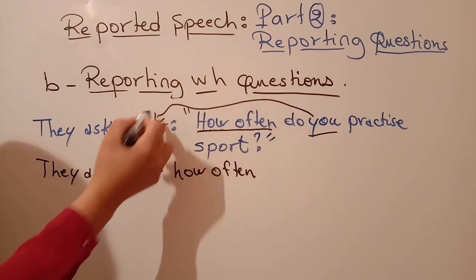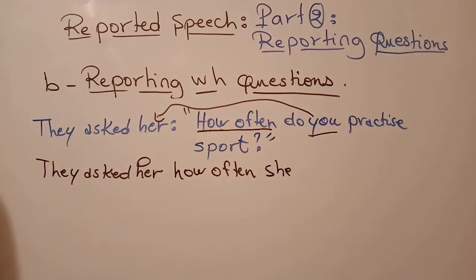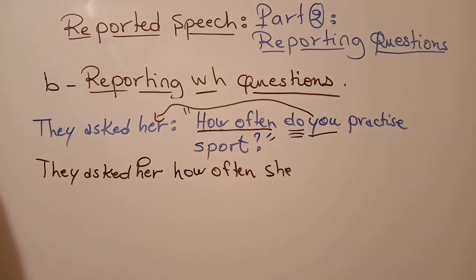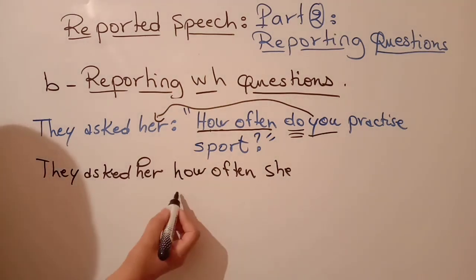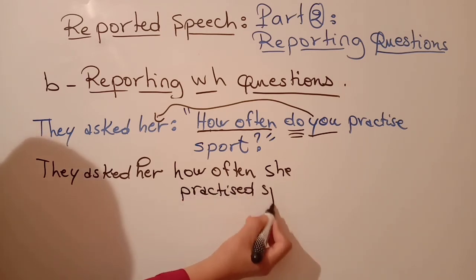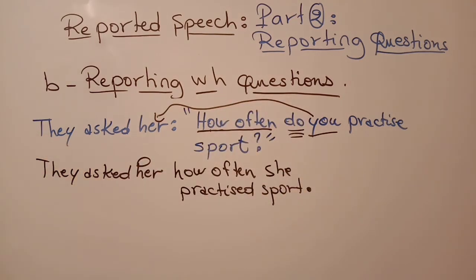You refers to her, it's she. How often she. You have do. The tense is present simple, so we need to put the verb practice into simple past. How often she practiced sports. And then no question mark. They asked her how often she practiced sports.